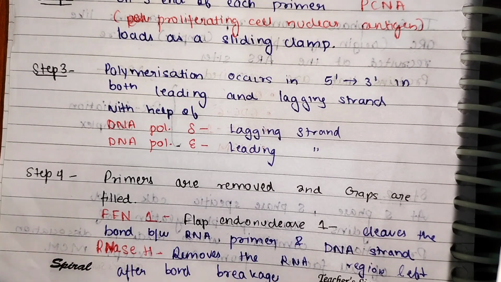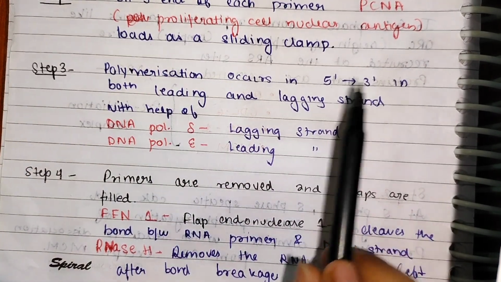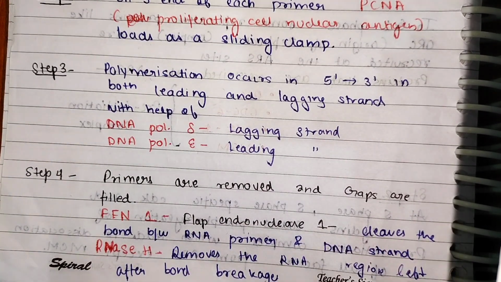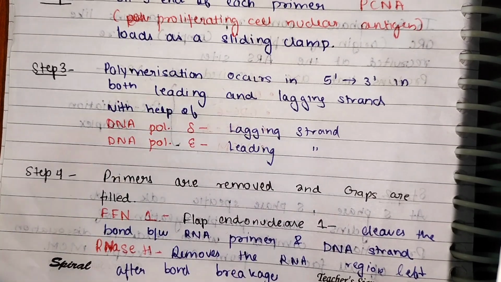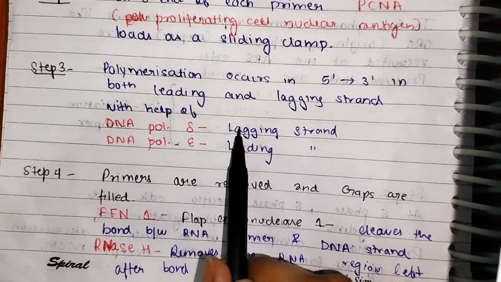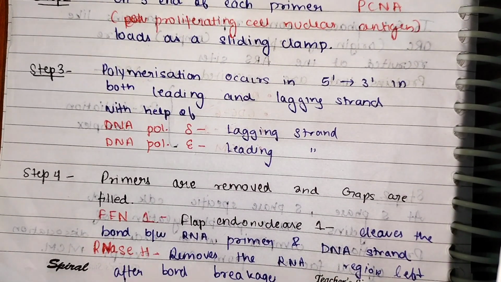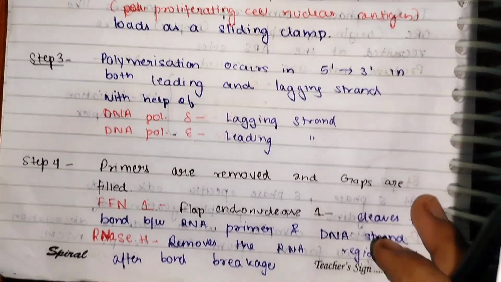And as we know, polymerization always occurs in the 5' to 3' direction on both the strands. In the lagging strand, the Okazaki fragments are formed, whereas in the leading strand, the polymerization process will occur continuously.